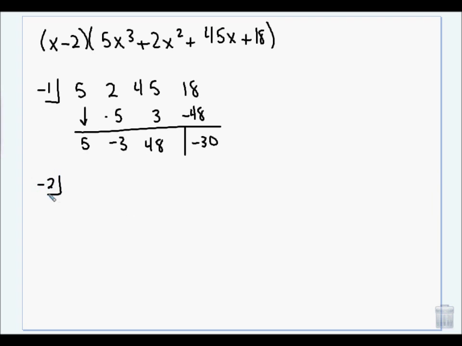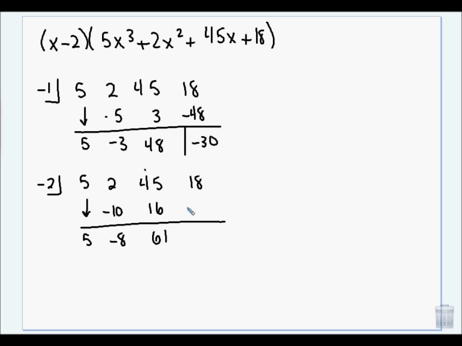Maybe negative 2. Yeah, that's not going to work. Right, because I'm going to get negative 122.